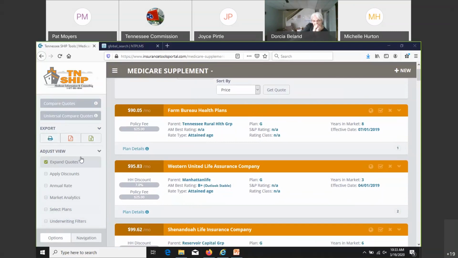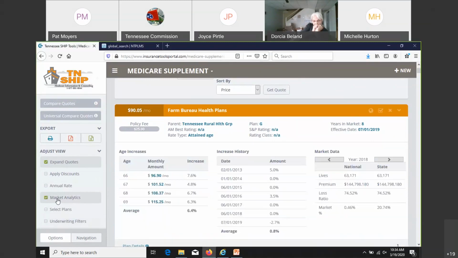You can print out here, but you'll see Adjust View right through here. And you can do things like expand quotes, apply discounts, put these as an annual rate, market analytics, select plans, and underwriting filters. Now, I don't mess with these ever except for one of these options. I always click market analytics as well.